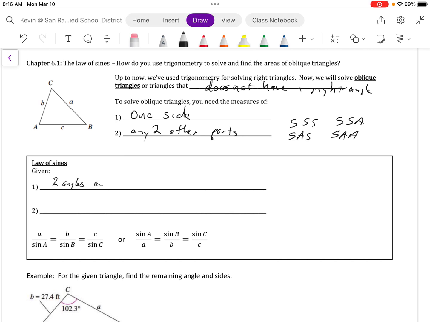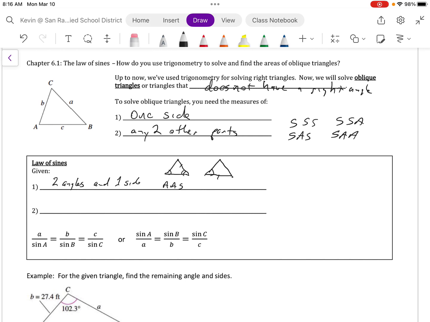So we're going to be doing law of sines and law of cosines. Law of sines: two angles and one side. That would be angle, angle, side, because the side is outside the two angles.